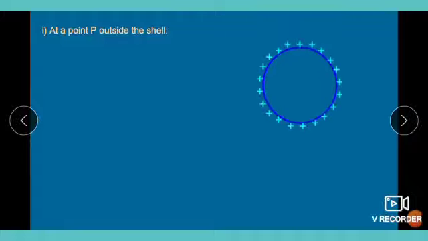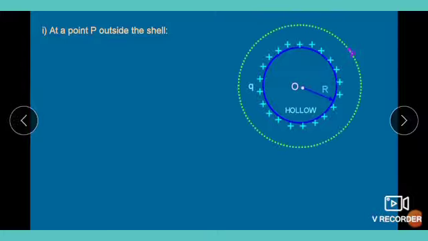Now, electric field intensity due to a uniformly charged thin spherical shell. Consider a point P outside the charged shell, where this is the center and the radius is R, a hollow shell, with total charge Q and charge density sigma.